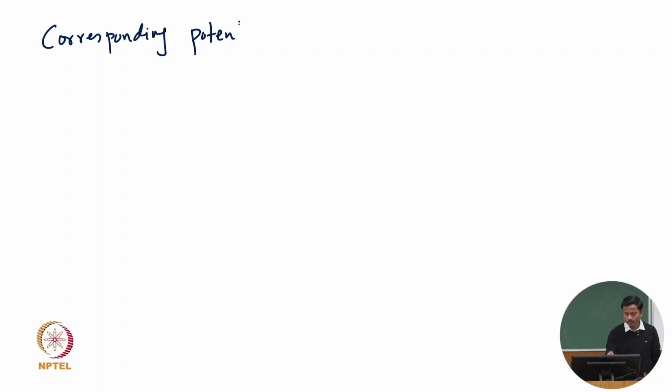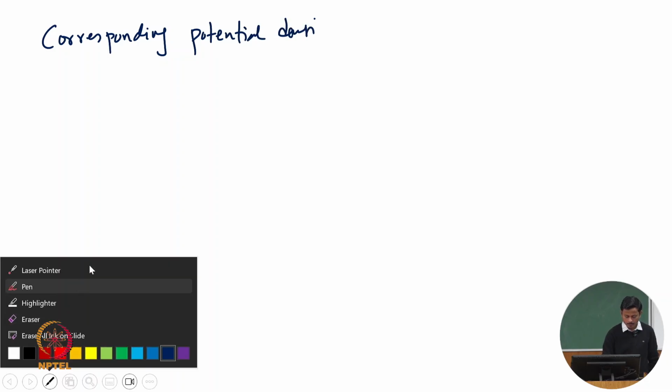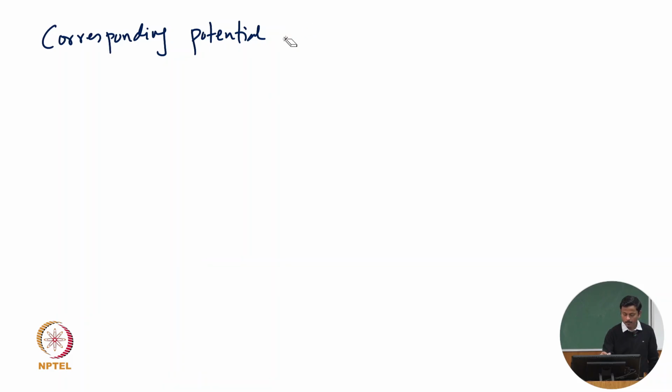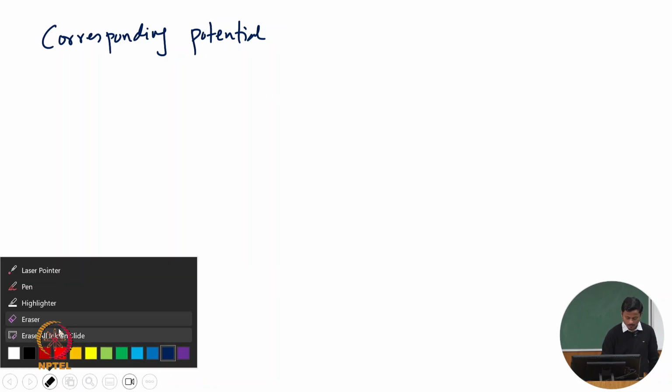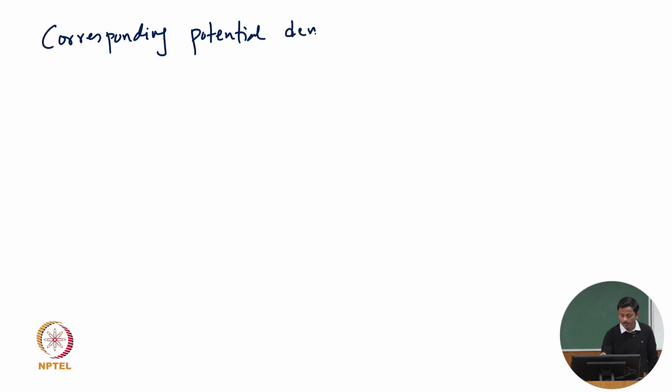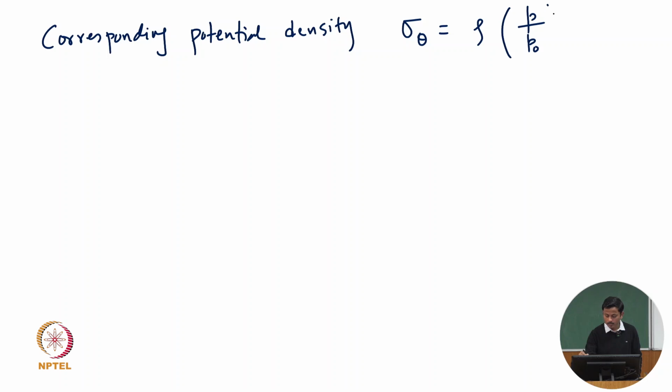The corresponding potential density is sigma theta equal to rho (P by P naught) to the power minus 1 by gamma. So this is the corresponding potential density.